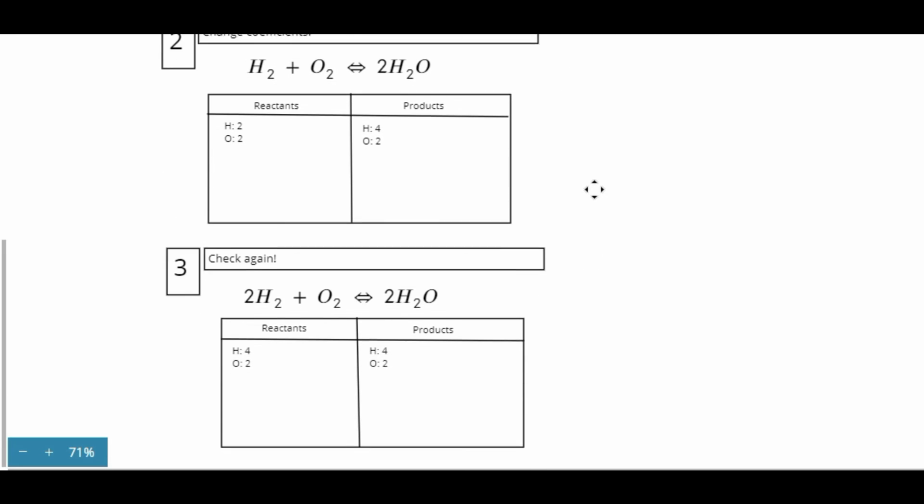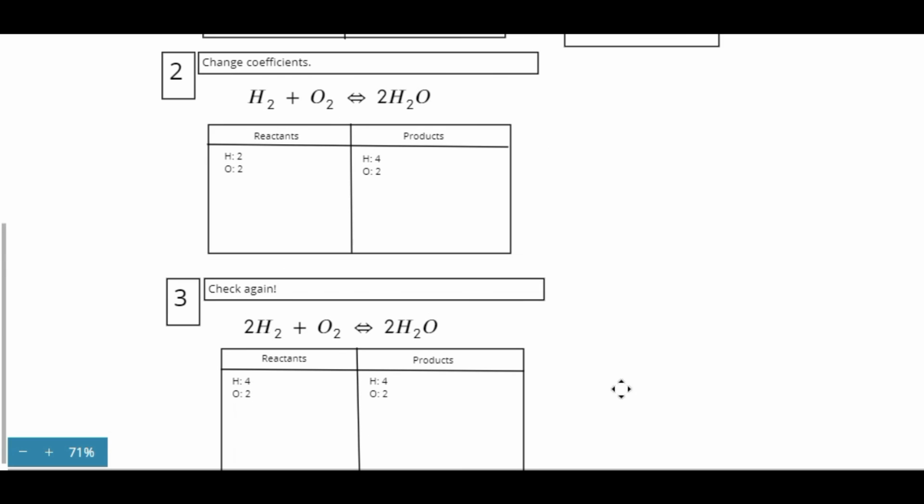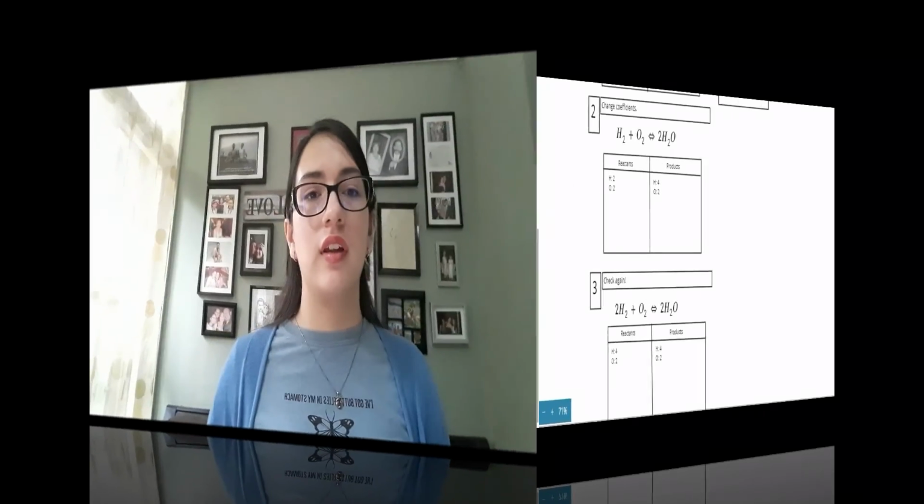So we check again, and for balancing and having the same amount on both sides, I have to add a coefficient here that will be a 2. So 2 by 2 is 4. We have 2 oxygens, and 2 by 2 is 4 and 2 by 1 is 2. So we have 4 hydrogens on each side and 2 oxygens on each side. So that's how you balance chemical equations.